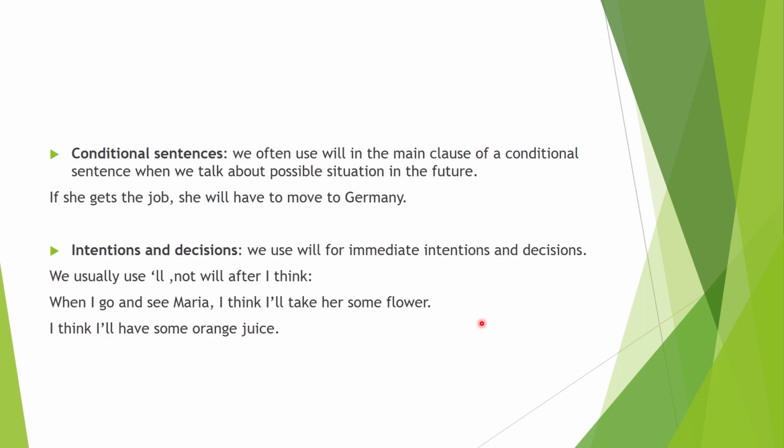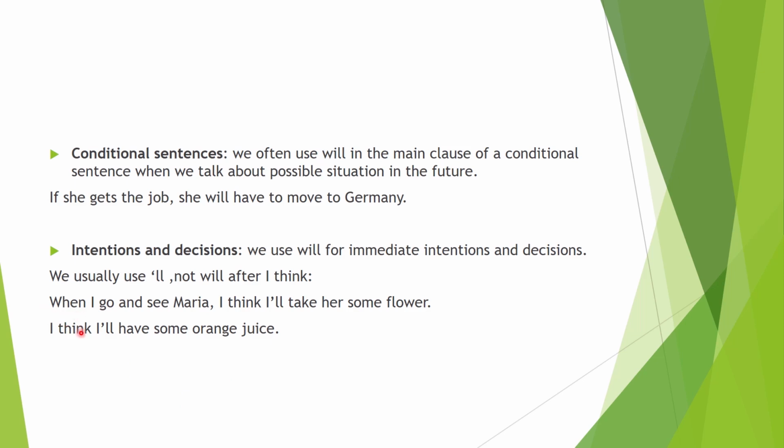We said that with be going to, we use planned decisions or intentions. But here, when we take a decision immediately, we can use will. And when we use I think, then we use apostrophe and double L. We do not use the full form will for that.